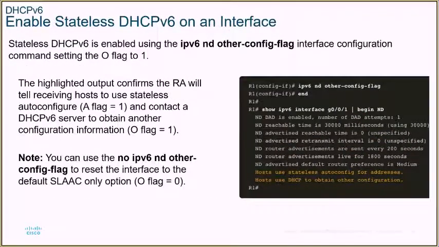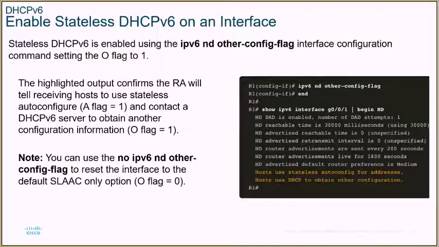Okay, so how do we get that to happen? You have to modify the router advertisement message. Basically in interface mode, you do ipv6 nd other-config-flag. That will change that flag in the RA packets that it sends.